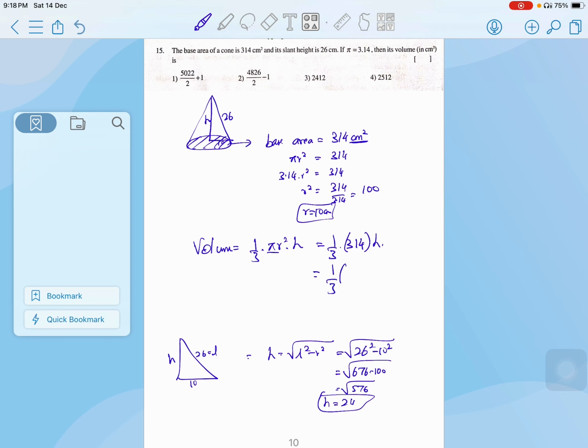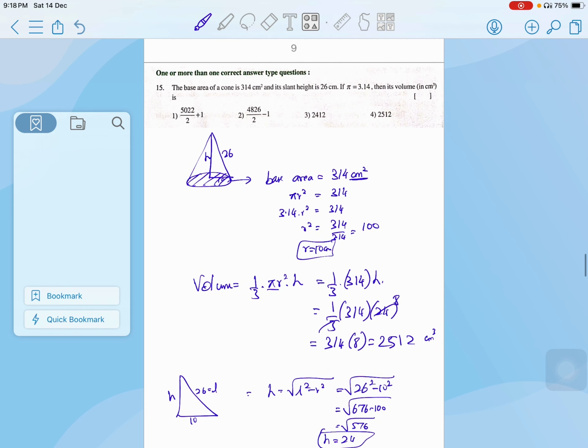So 1 by 3 into 314 into 24. This and this cancel, you will get 8. 314 into 8, you will get 2512 centimeters cube.